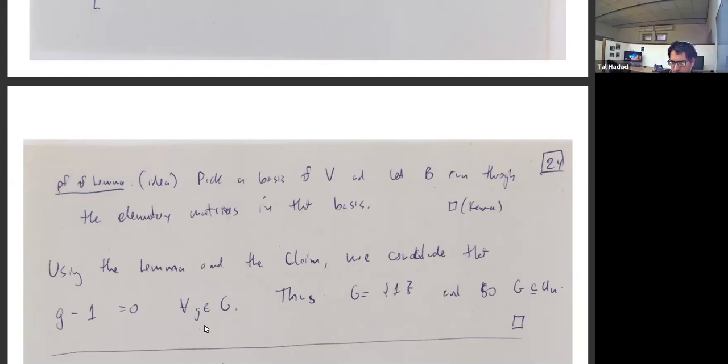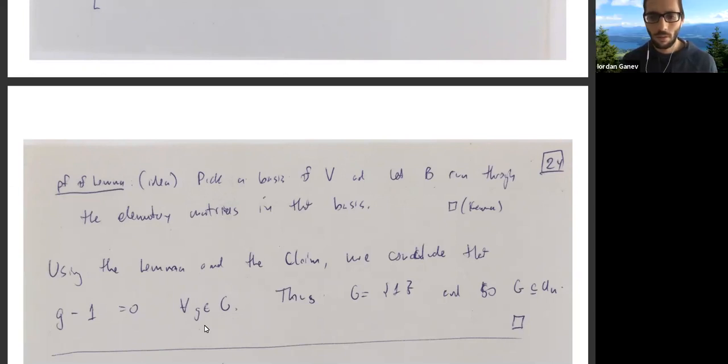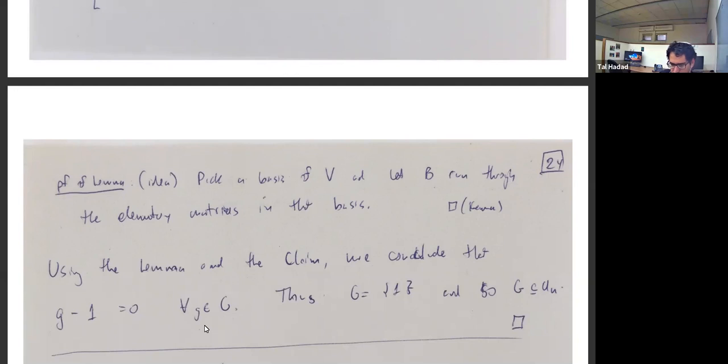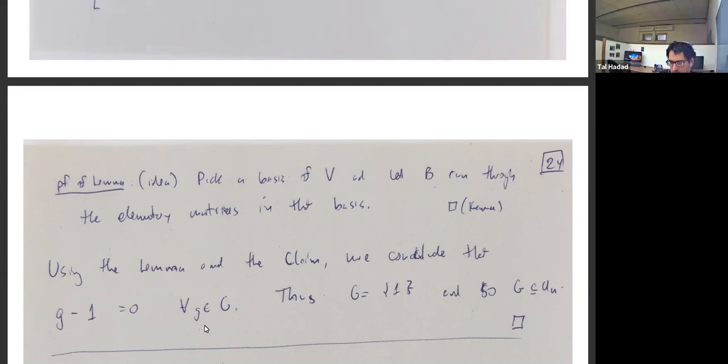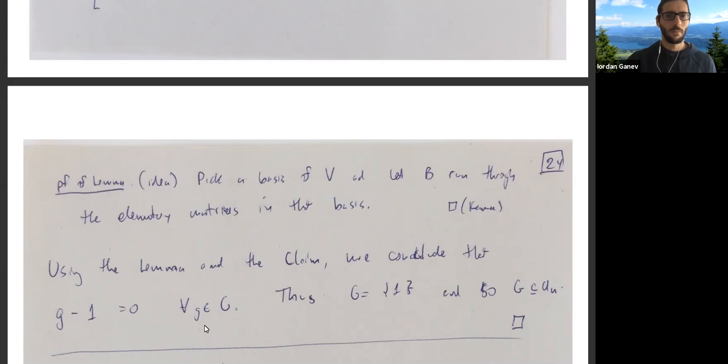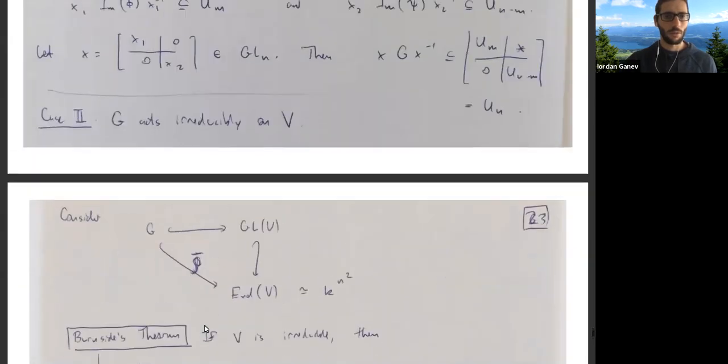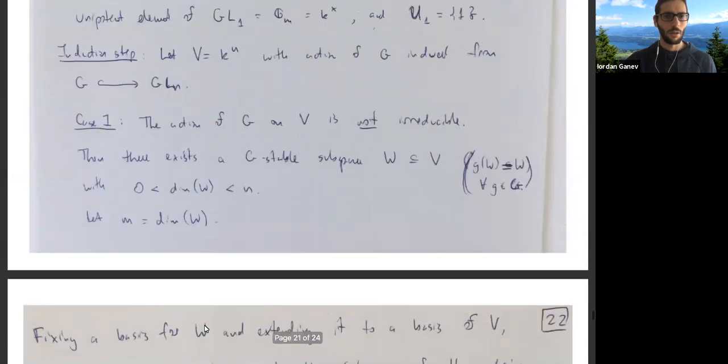How do you get this G? It said that this is conjugated to UN, but how did you get it? How did I get which V? How do you get the big G? Big G is by hypothesis a subgroup of unipotent matrices. Let me scroll back to what we're trying to show.